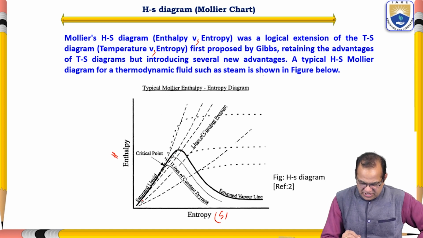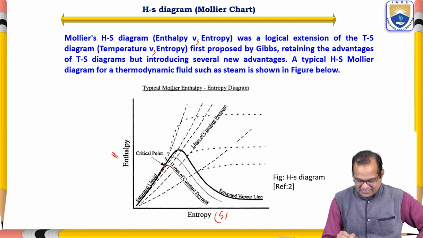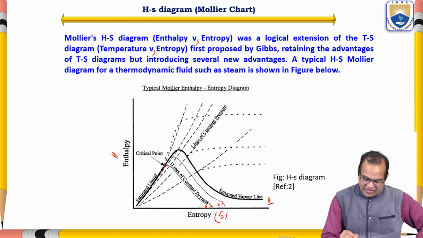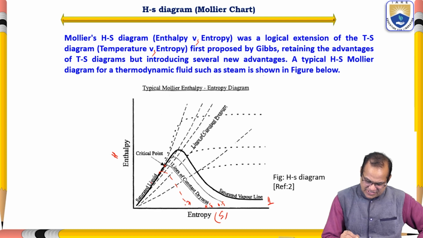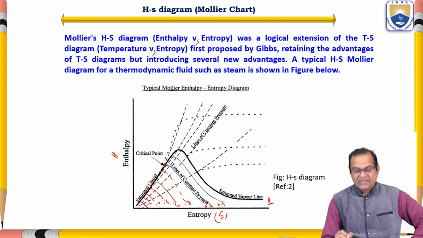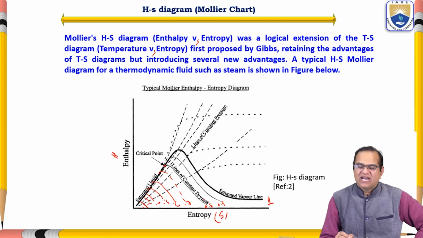From here you can see the critical point, and the lines of constant dryness: 0.8, 0.9, and this is 1. It may be 7, 6, 5, 4, 2, 1. So this shows the dryness fraction lines.